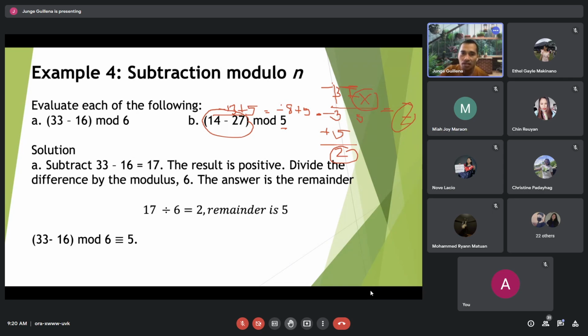So if we substitute 2 here, negative 13 minus 2, you will get negative 15, and negative 15 divided by 5 is equal to negative 3, and negative 3 is an integer. So in that case, 2 is the value of x, and that is the answer for that problem. Okay?